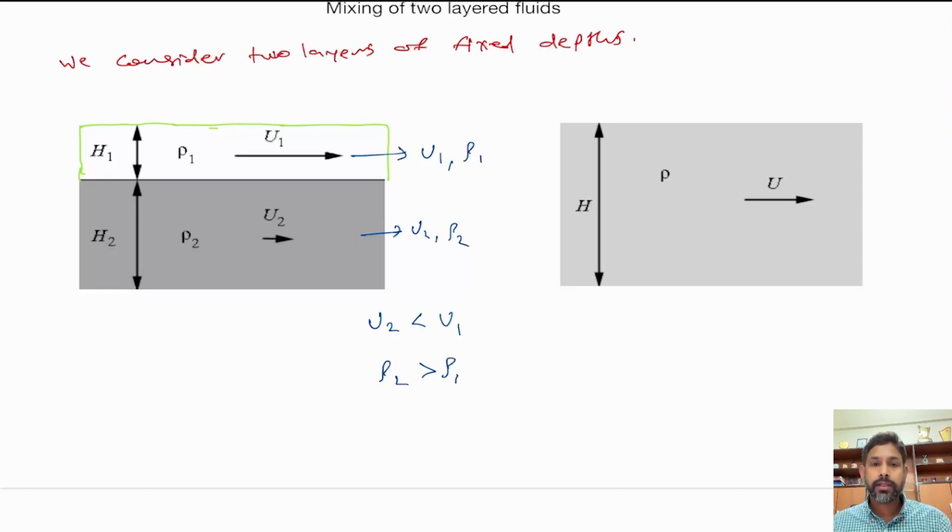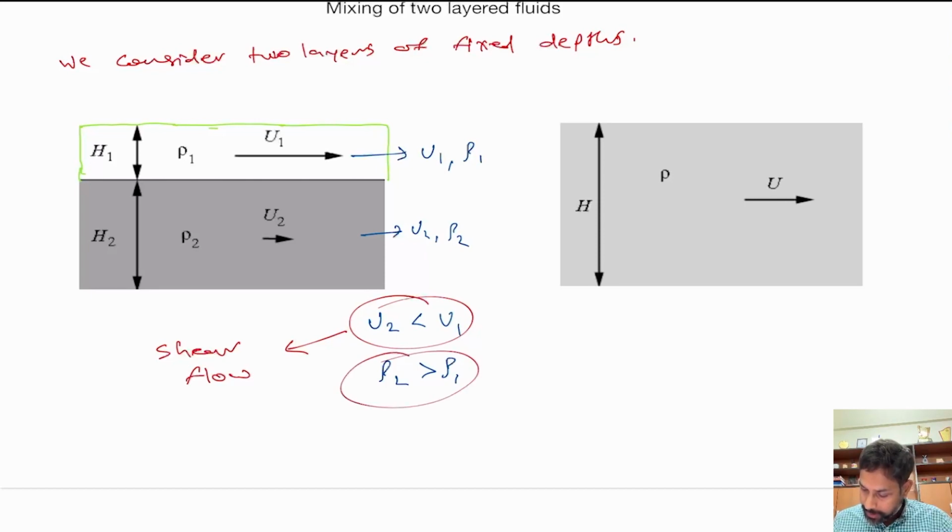So the system is initially stratified with higher density at the bottom, and now there is a shear flow. So what you have here basically means that the system has a shear flow, and this part means that the system is stratified, right?